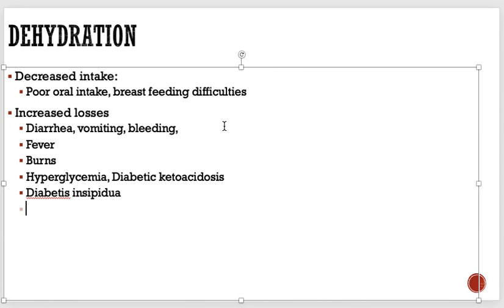For example, a baby who has tachypnea will be losing a lot of body fluids from the respiratory tract. Of course, in pneumonia and bronchiolitis, conditions like this, the patient can go into dehydration because of increased losses.